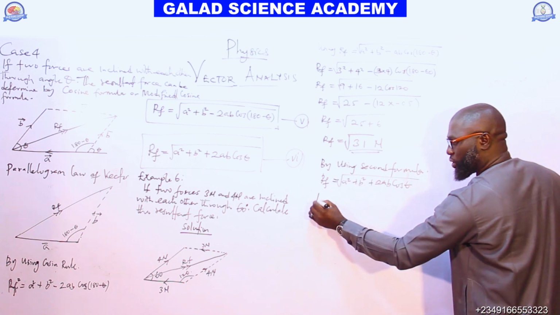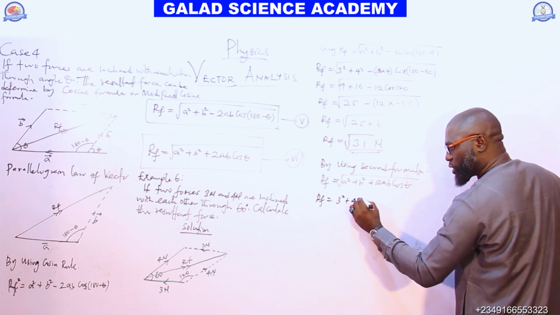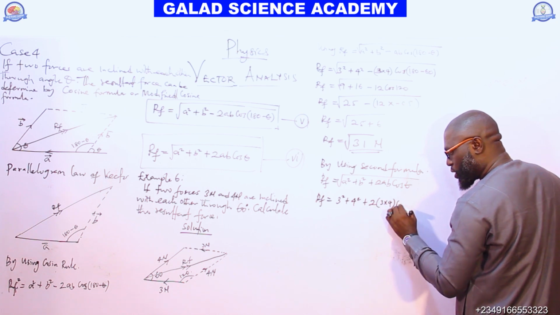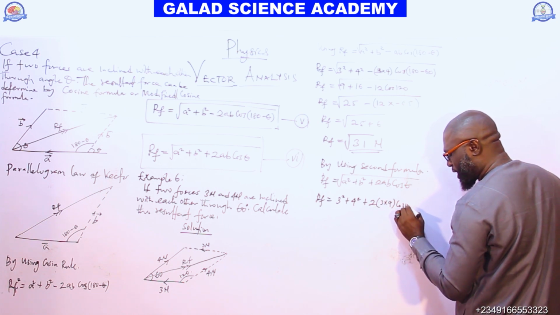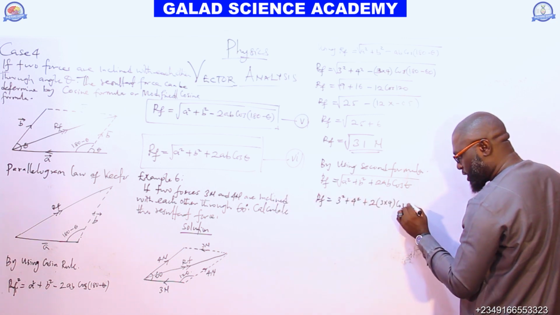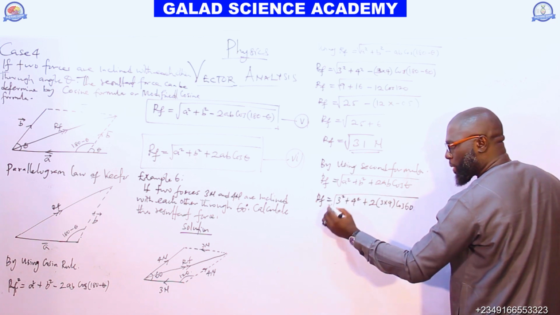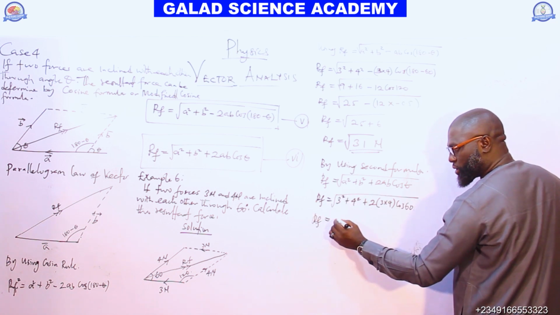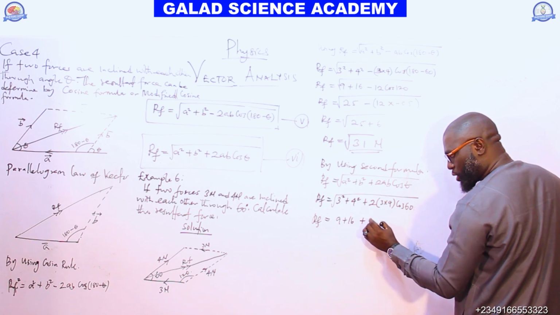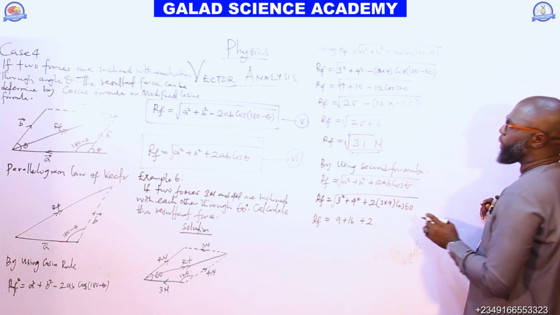What is my A? 3 square, 4 square, 2 times 3 times 4 cos theta. Theta is given as 60 degrees. So the resultant force will be 9 plus 16 plus 2 times 3 times 4.